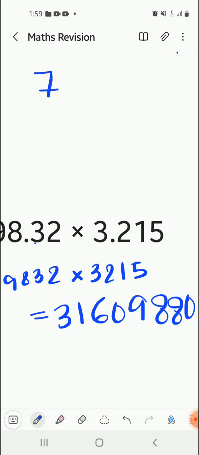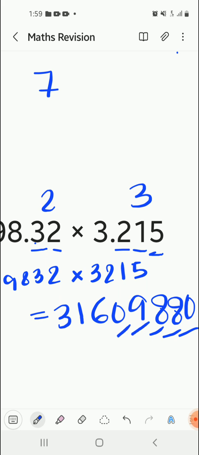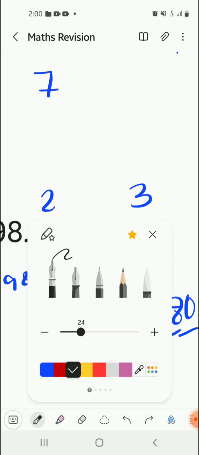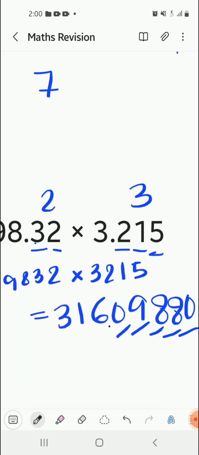Now see, in the question we have got 2 decimal places and here we have got 3 decimal places. So together there are 5 decimal places. So see, 1, 2, 3, 4 and 5. So insert the decimal point over here. Let's use a different color to make it distinct.